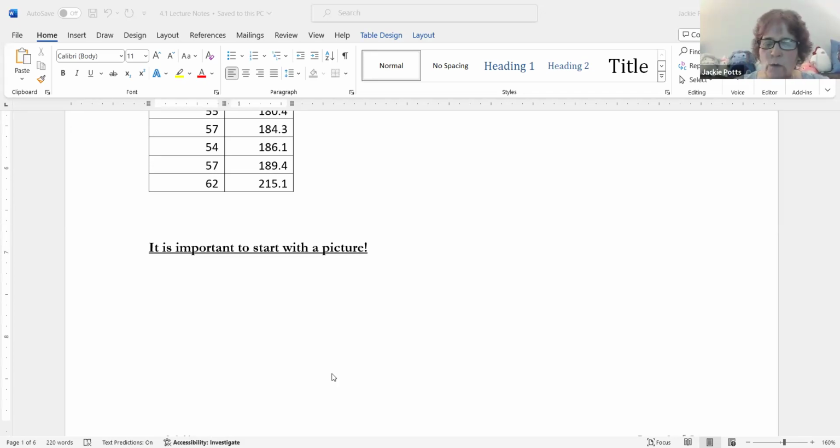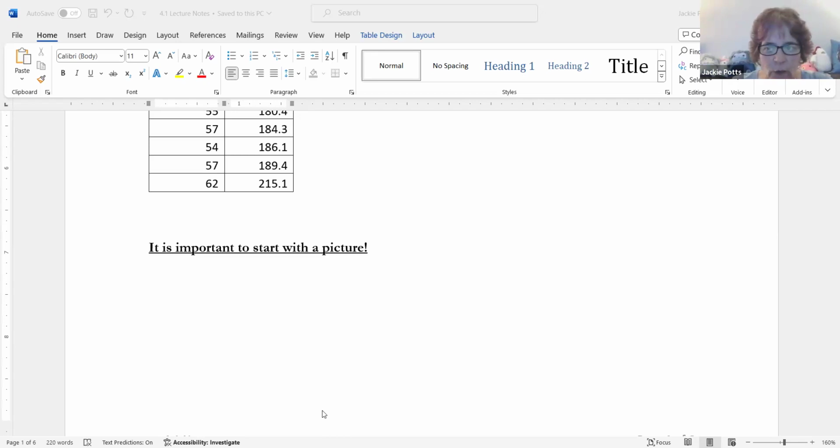So something so simplistic, statisticians use because it tells us whether or not our data is skewed. We want it to be bell-shaped. We have more tests and things we can do with the bell shape than we do when it's skewed. So we start with a picture.